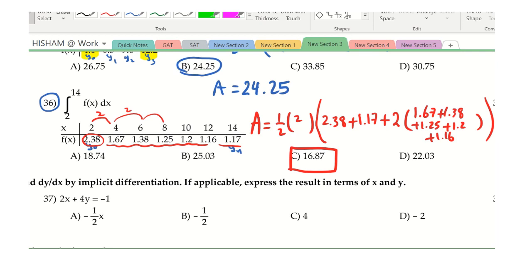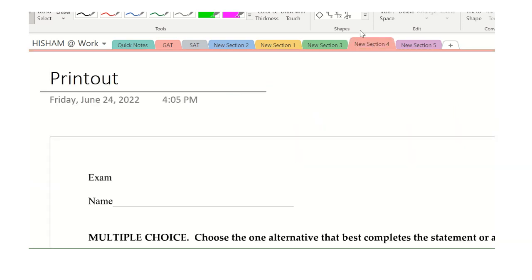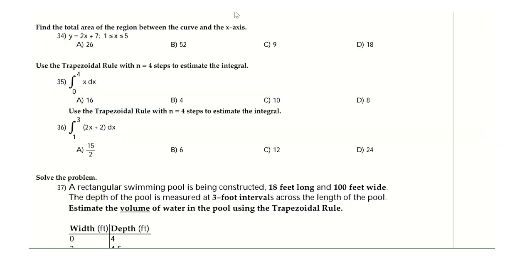Last thing about the trapezium rule, or what I need to know about the trapezium rule, is this question. Last question regarding the trapezium rule is how to find the area by using the trapezium rule, and I'm giving you the number of the intervals, and I'm giving you the rule.